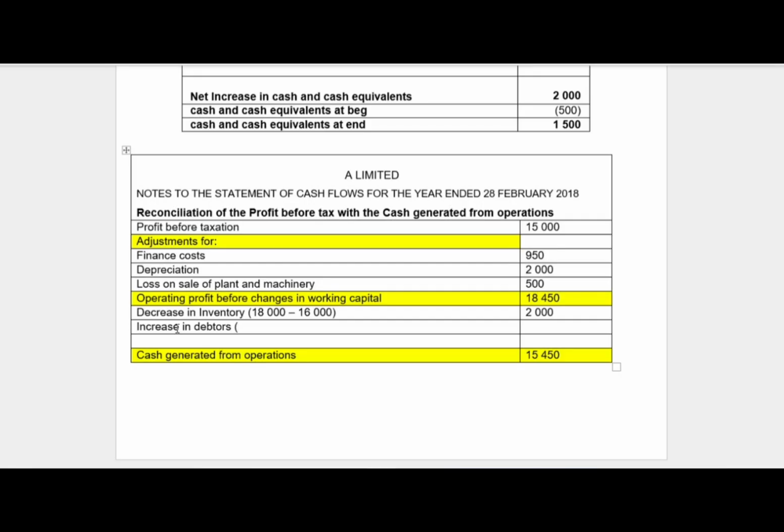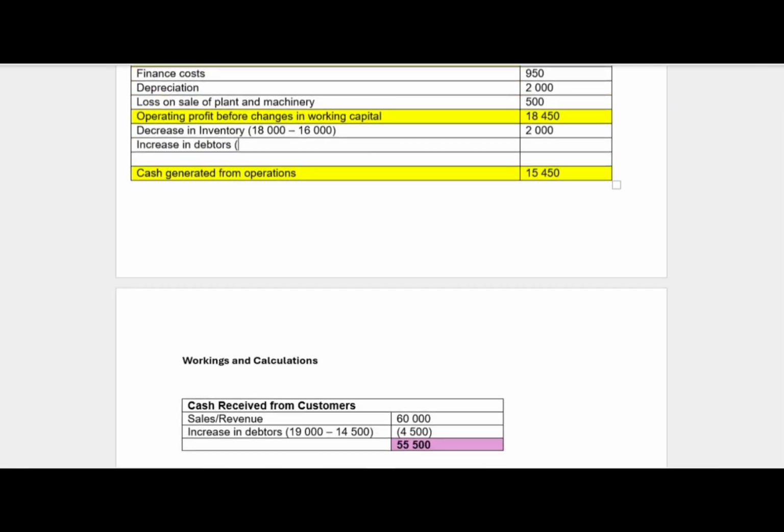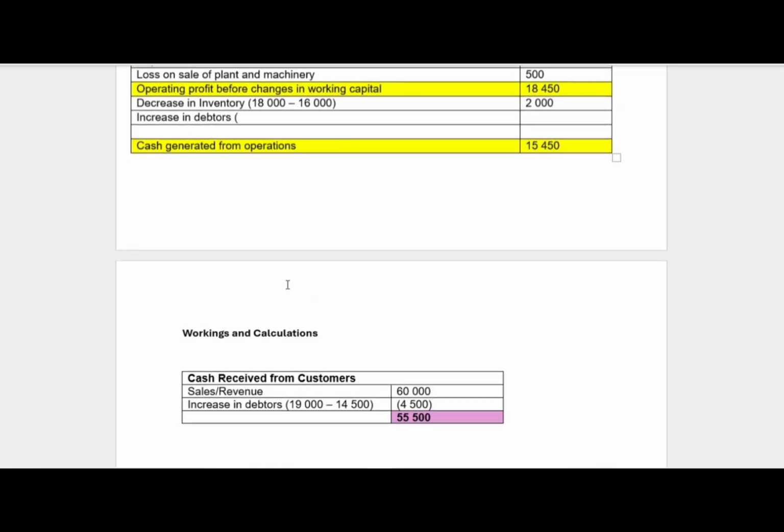So we are going to take the one that we calculated down there on the calculations, right? 19,000 minus 14,500. So let's just do that. 19,000 less 14,500, close brackets, and then how much are you getting there? The same amount of 4,500, but considered to be an outflow, right? And then we are done with that one.